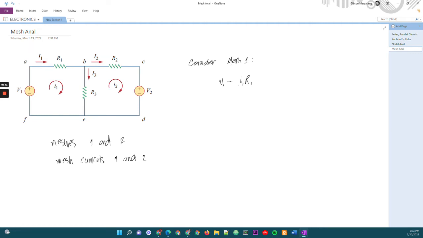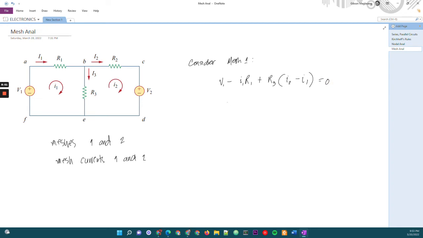So in that case, we have plus R3, opposite, so it is positive. Then going with the flow of the current, we have minus I1. Okay? So that's our convention, right? And this is equal to 0.